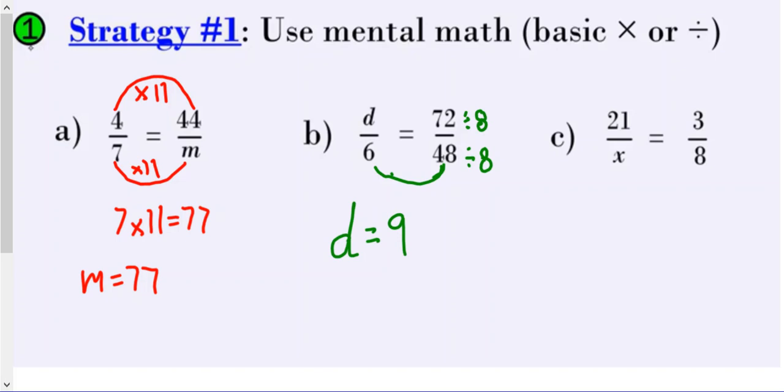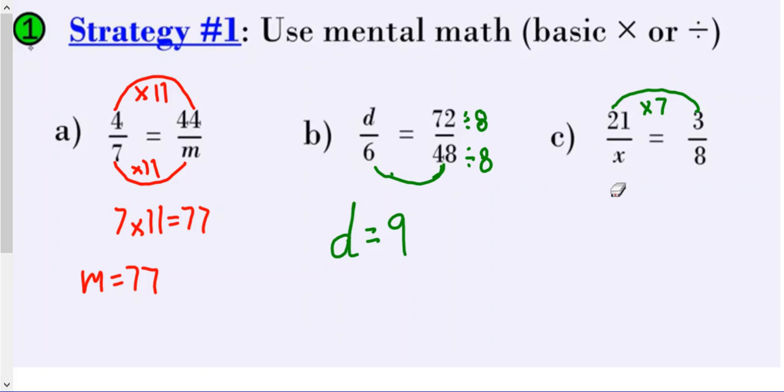Alright, and then the third example, we have the bigger number on the left side with the unknown, and the smaller numbers on the right. So our full ratio, we're going to ask ourselves, what would we need to do to get from 3 to 21? And we would get there by multiplying by 7. So 3 times 7 is 21.